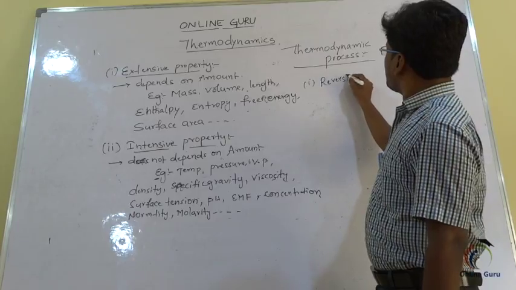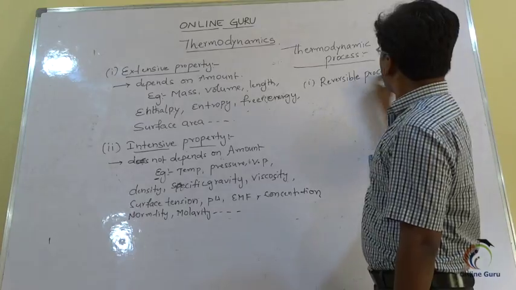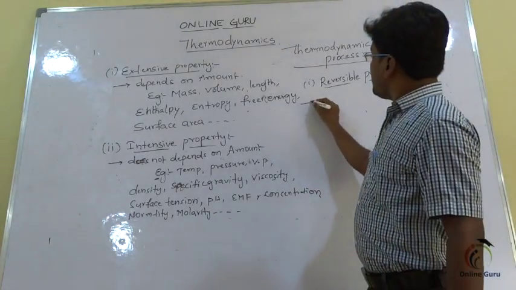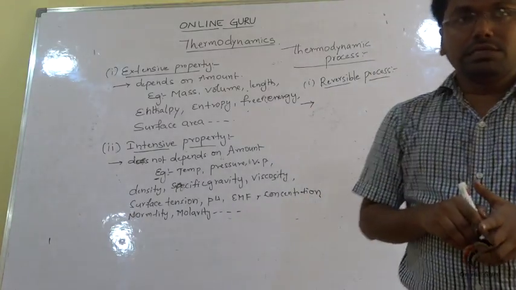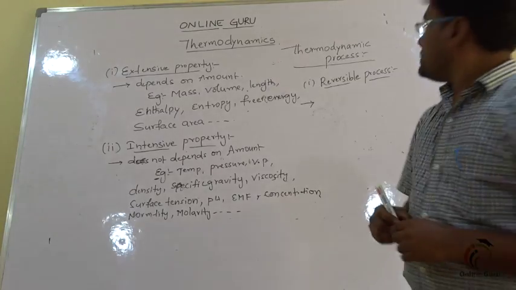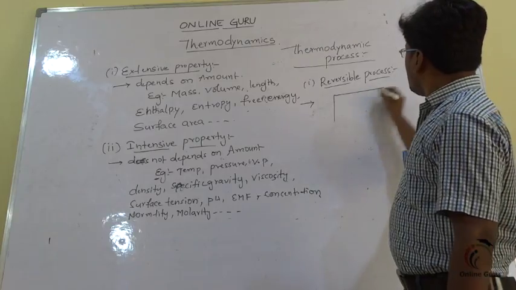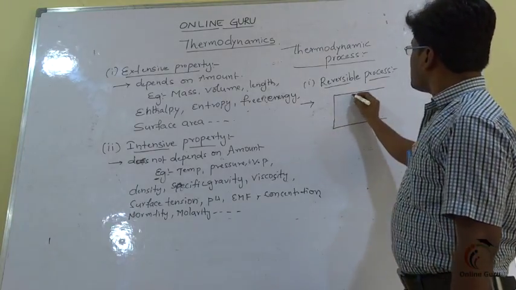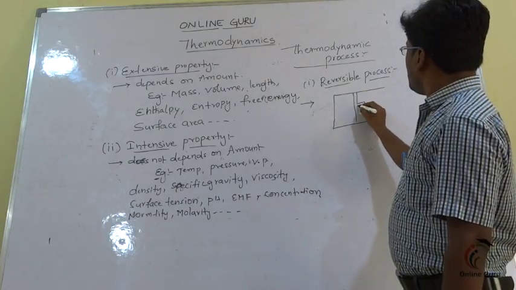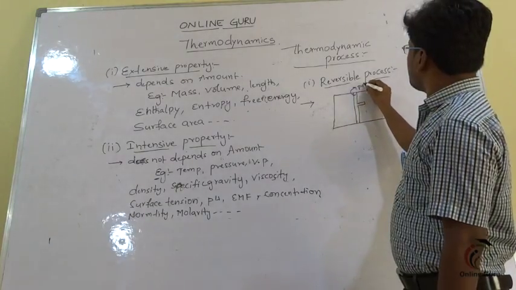First one, reversible process. So in this process, the driving force is very slightly greater than the opposing force. Then that process is called a reversible process. For example, this is a system which contains air fitted with a piston.